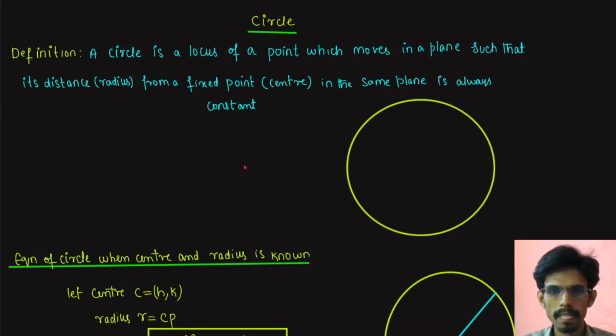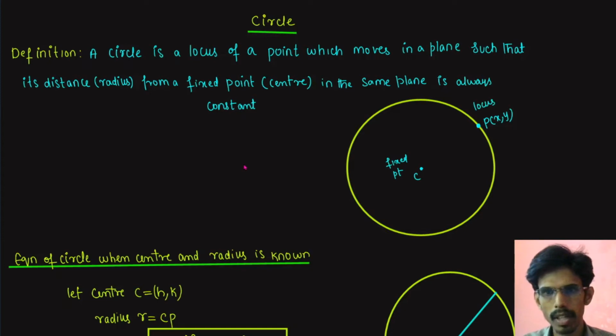See here, we have this fixed point. This is a fixed point known as center. On this periphery of the circle, we have taken point P, x comma y, a variable point. Now circle is a locus.